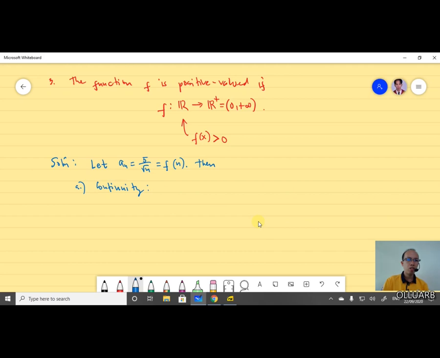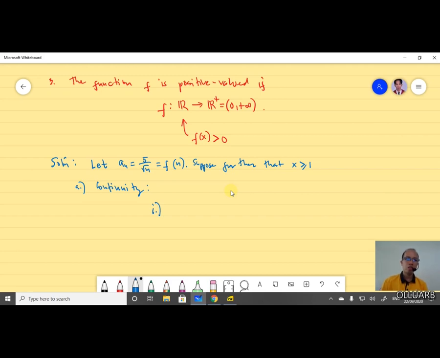So for part A, we have to suppose further that our x is greater than or equal to 1.